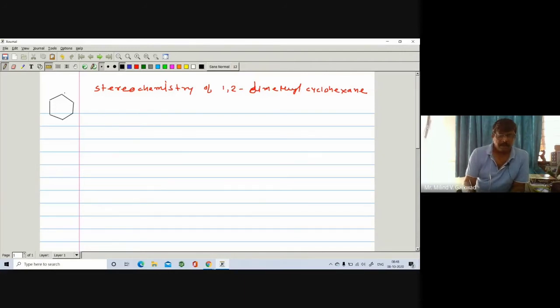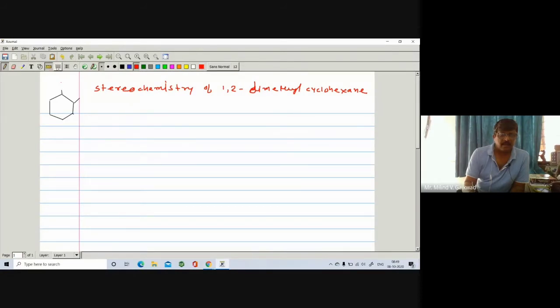When the hydrogen atoms from the 1, 2 positions, this is your H and this is also H, are replaced by a group, here we can take it in general, but we have to learn only the stereochemistry of dimethyl cyclohexane.